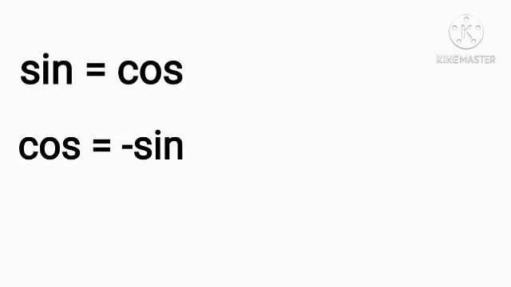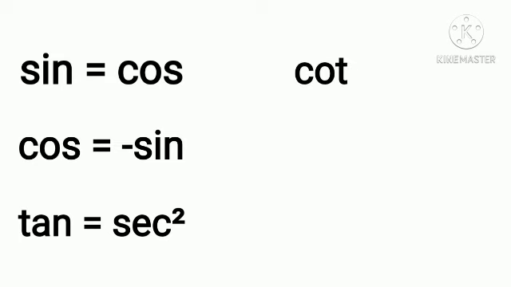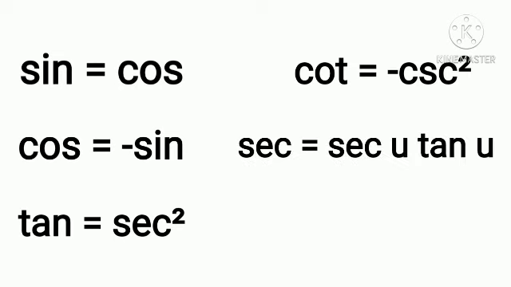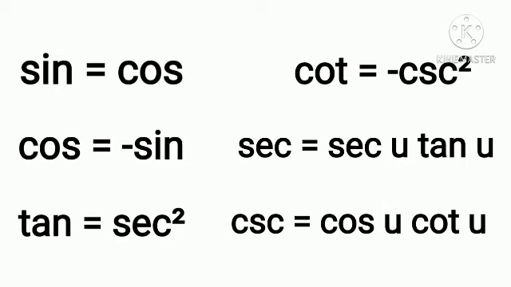If we derive tangent, we have secant squared. If we derive cotangent, it will result in negative cosecant squared. If we derive secant u, it will result in secant u tangent u. And if we derive cosecant u, it will result in negative cosecant u cotangent u.